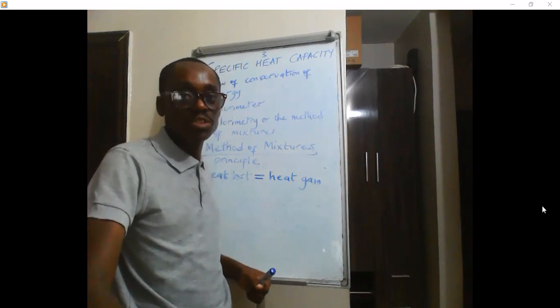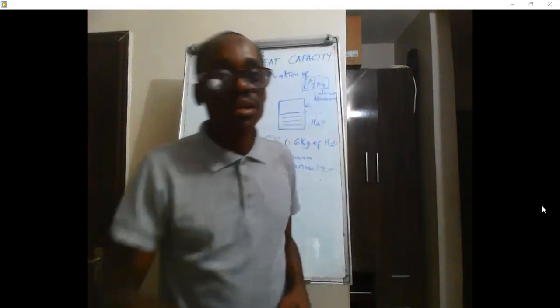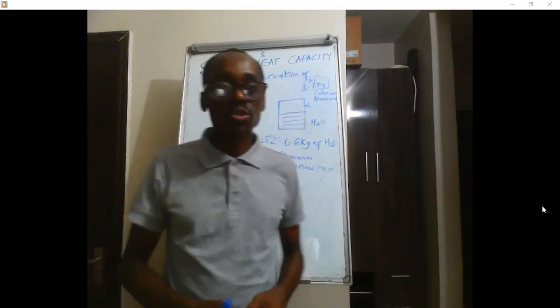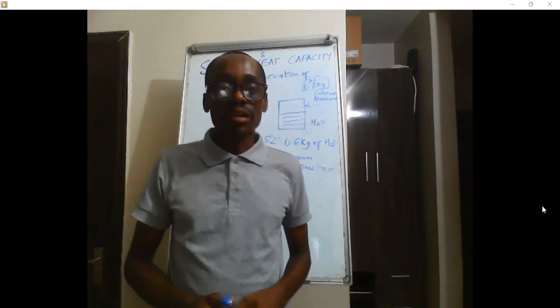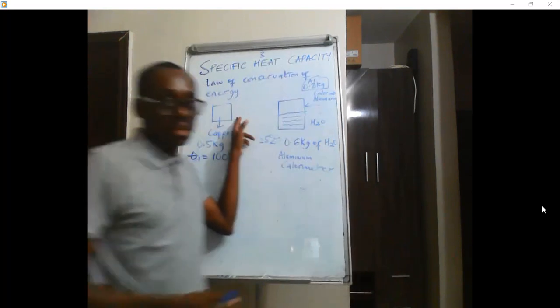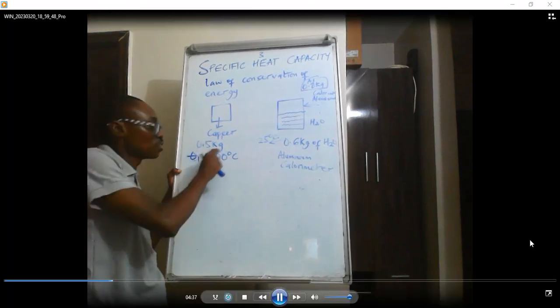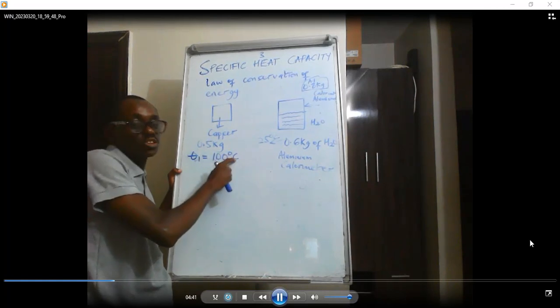I'm going to throw more light on this before we continue. So right now I'm going to explain how the method of mixtures can actually be used to estimate the specific heat capacity of a substance. So let's take for instance that we have a block of copper of mass 0.5 kilogram at a temperature of 100 degrees Celsius.